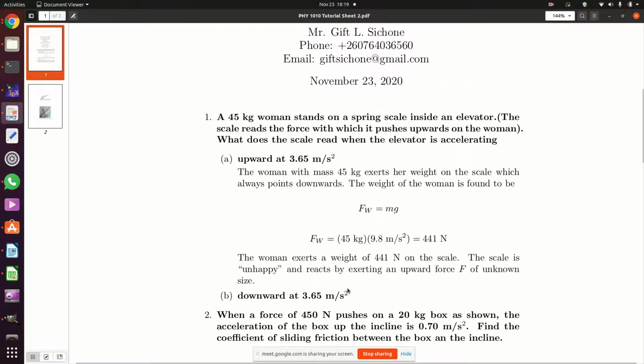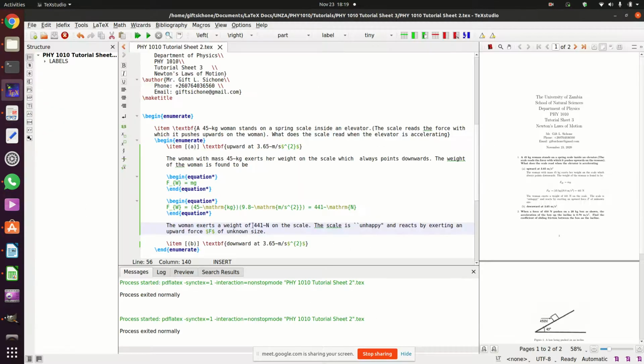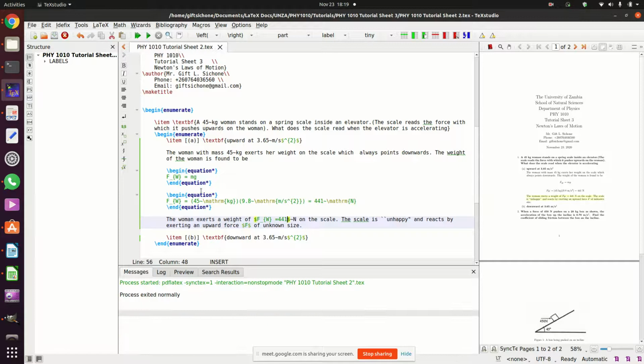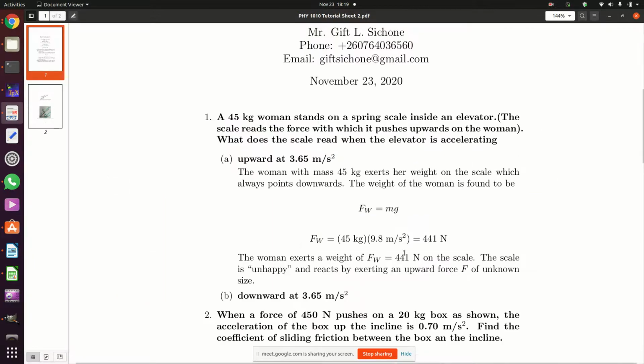So this is what's happening. The woman exerts a force Fw. So the woman exerts a force of 441 newtons on the scale.